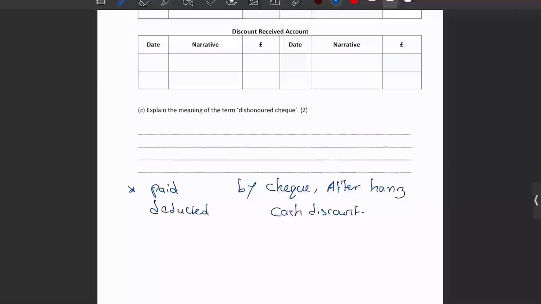Paid 1920 by check after having deducted 4% cash discount.